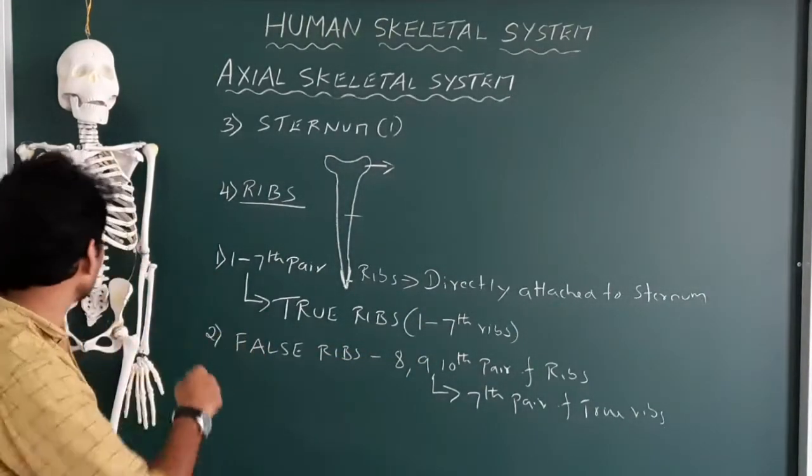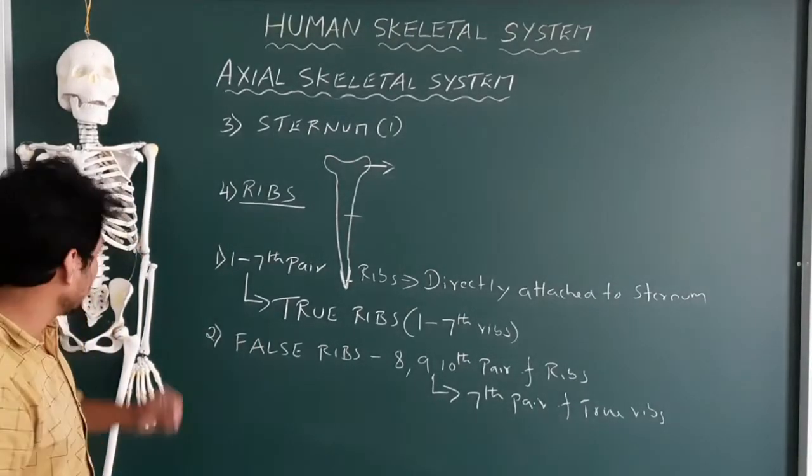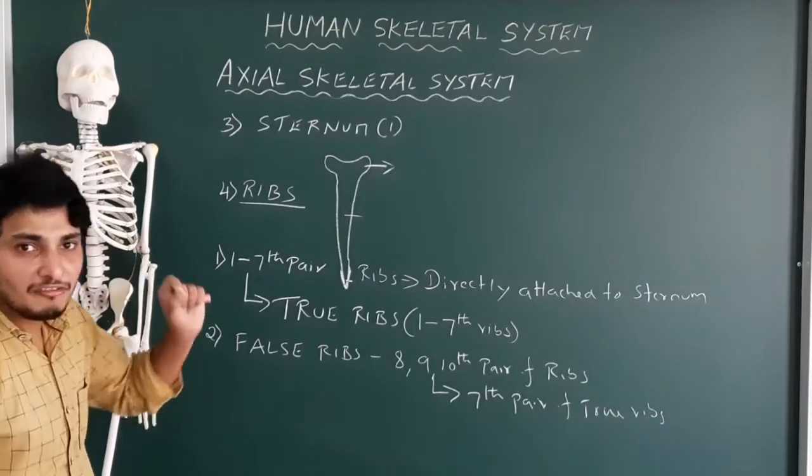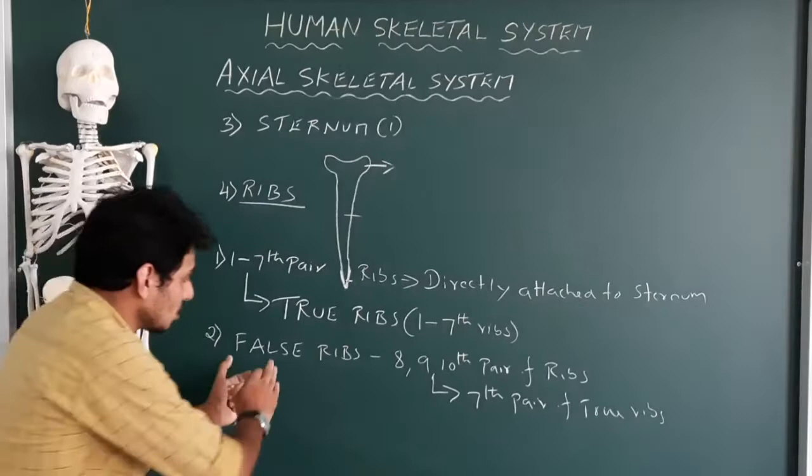There is no direct connection of these ribs with the sternum, got it? But it is connected to the sternum with the help of the 7th pair of rib. Please understand this. That is called a false rib.